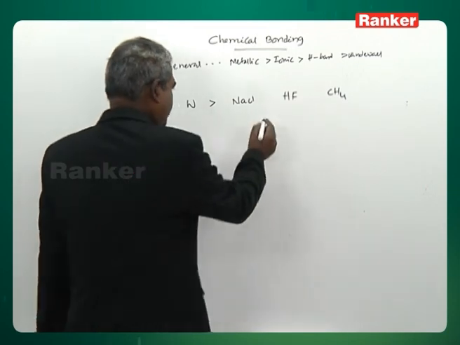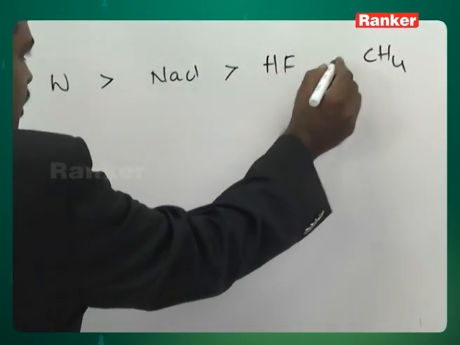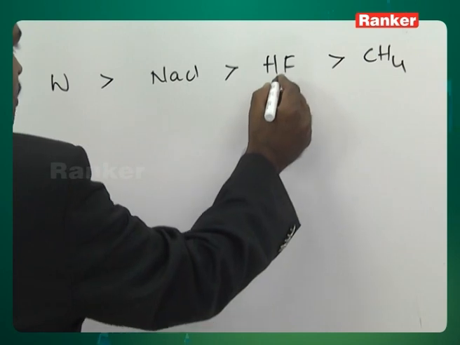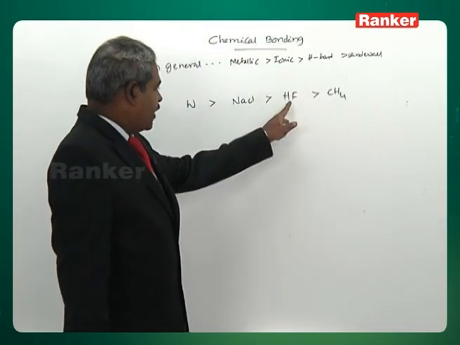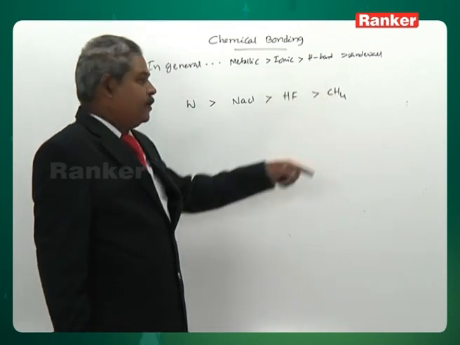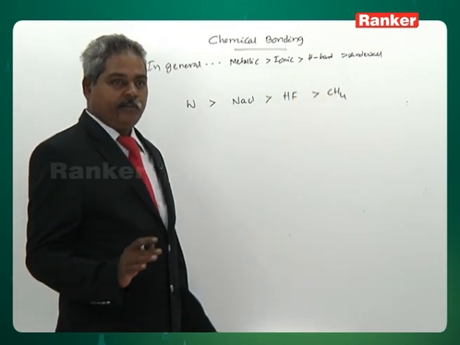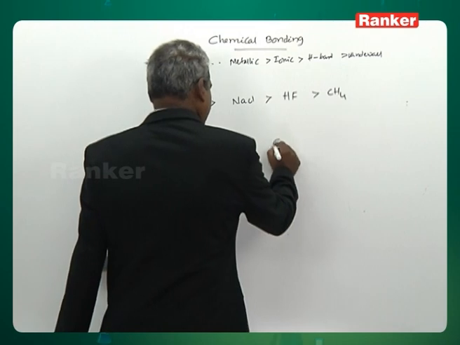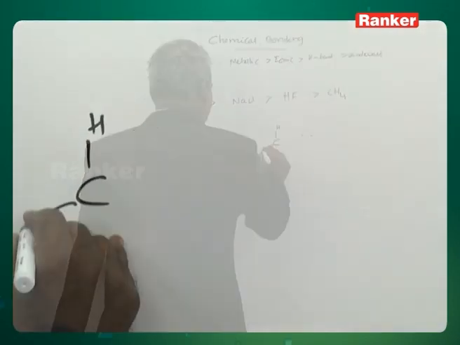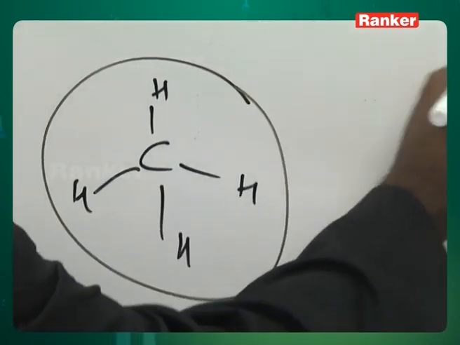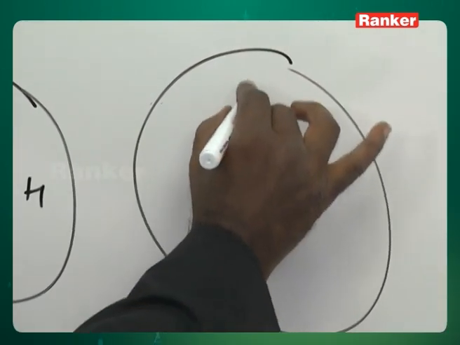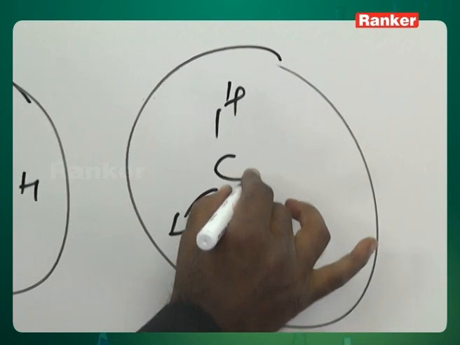And between HF and CH4, HF is higher because in HF you have a hydrogen bond, highly polar attractions, but in methane you don't have anything. Between two molecules of methane, a methane and another methane, what force exists?